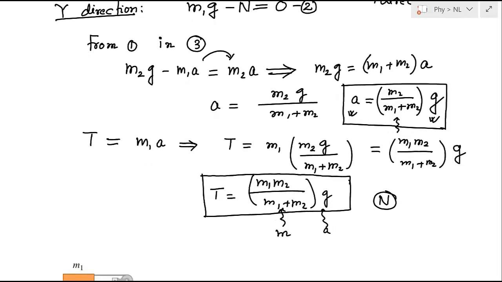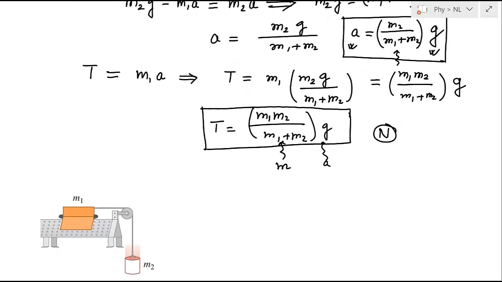Now we can consider two special cases. For the first case, what will happen if m1 equals 0? This means there is no glider, or the glider has 0 mass. Now if you see this equation, we can calculate the acceleration by simply putting m1 equals 0.